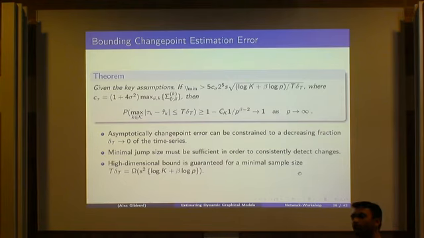I personally worked on a single change point case in a similar kind of setup, and there we did not come up with this, because model misspecification is much easier: you know that you are either on the left or on the right of the true change point. But in the case of multiple change points, there could be a mismatch in both directions, on the right side or on the left side of your interval.